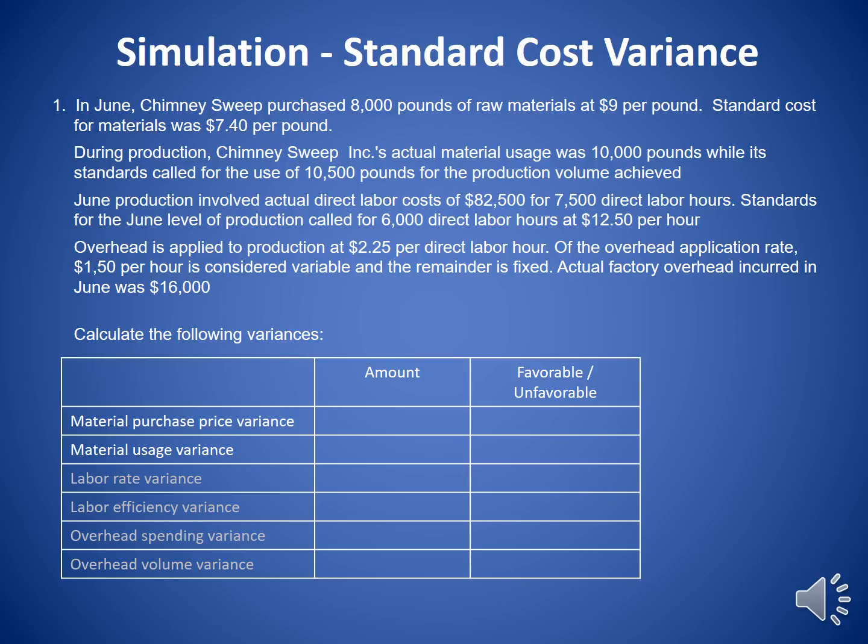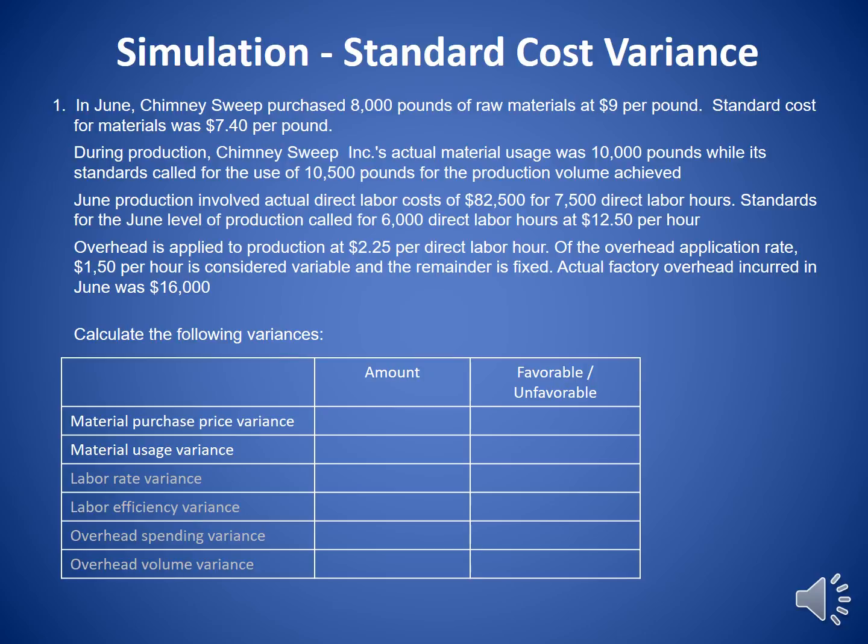Overhead is applied to production at $2.25 per direct labor hour. Of the overhead application rate, $1.50 per hour is considered variable, and the remainder, 75 cents per hour, is fixed. Actual factory overhead incurred in June was $16,000, and you're asked to calculate the following variances and the amount in favorable versus unfavorable.